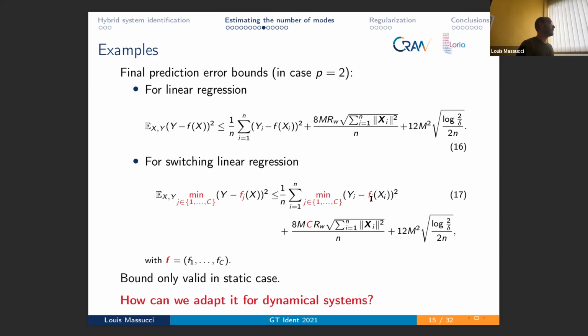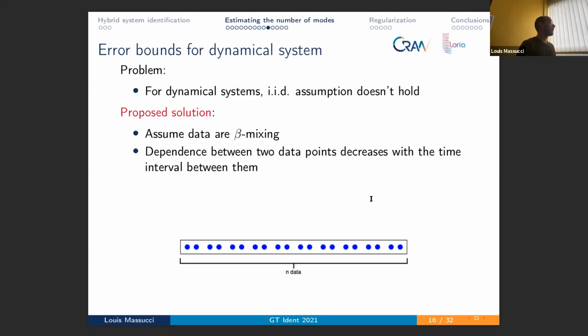The major problem is that in learning theory, we are under this IID assumption that does not hold for dynamical systems. So to overcome this issue, the proposed solution is the following. We will assume that the data are beta mixing.